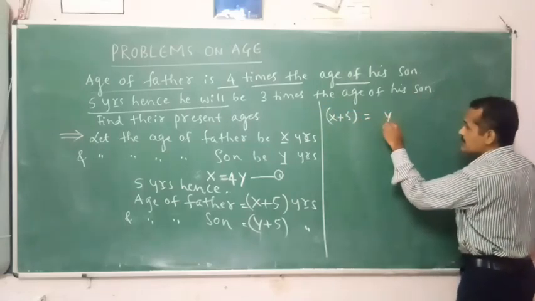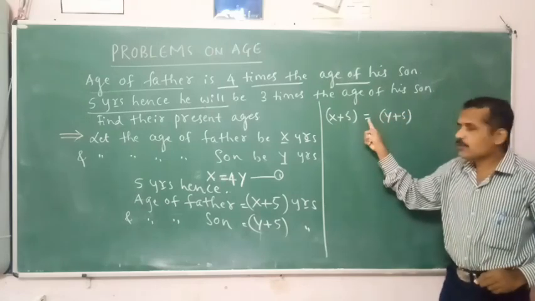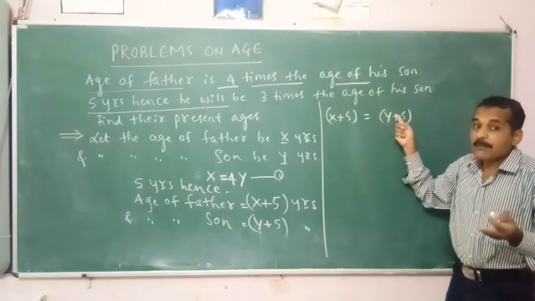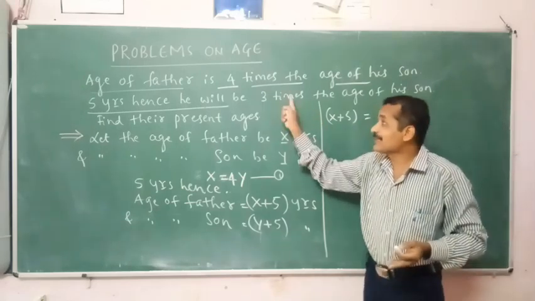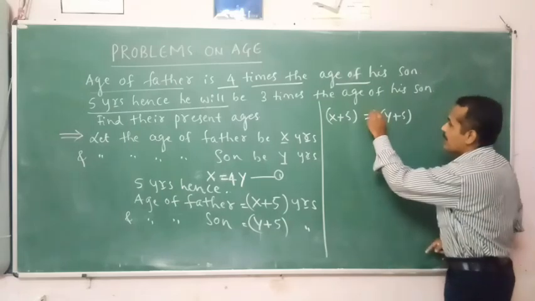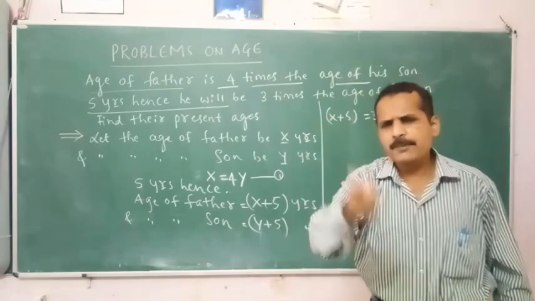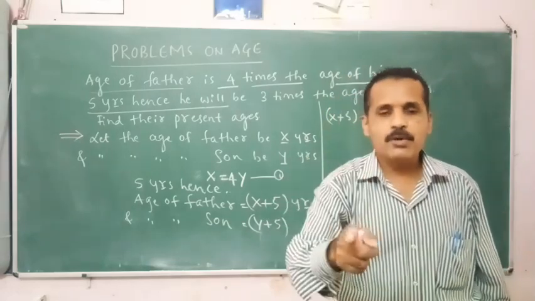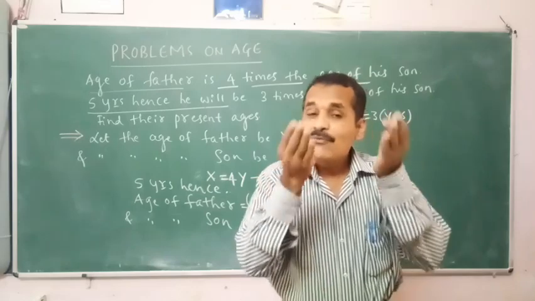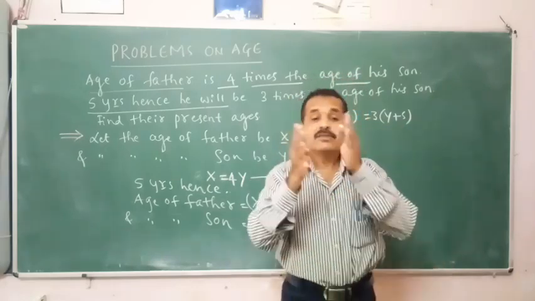This is the son's age. No doubt they will not be equal. Father is more naturally, son is less, no doubt. But to whom I have to multiply is 3 times. Who is less? For him you have to multiply. I should write here 3. Hereafter, for any problem, my dear children, when you are comparing, where it is less, there you have to multiply.